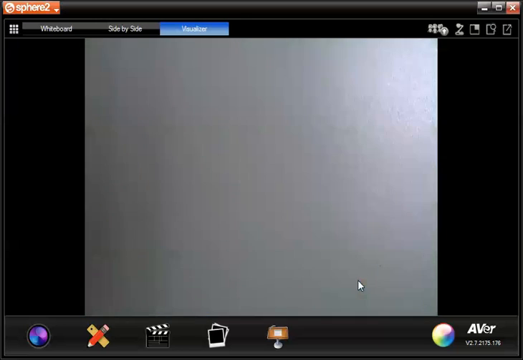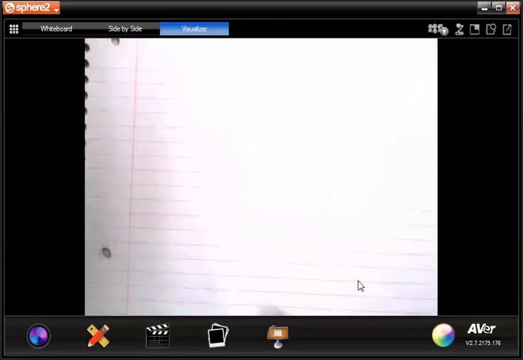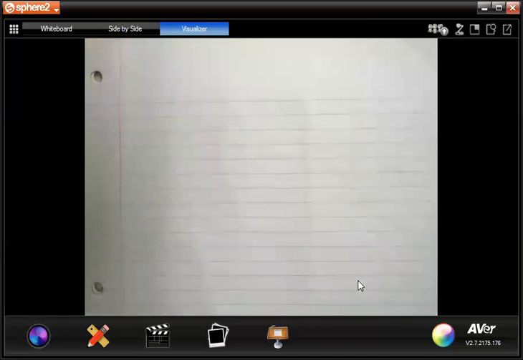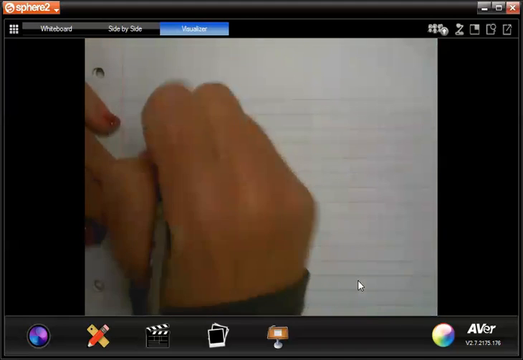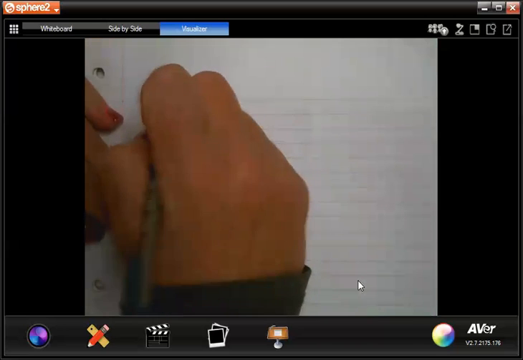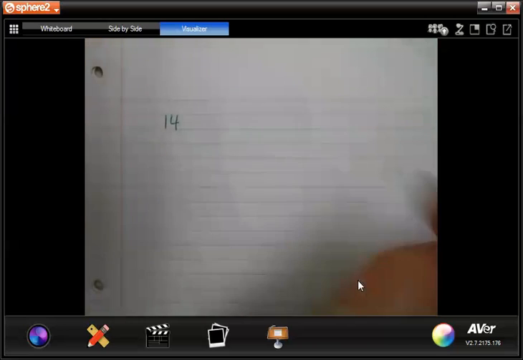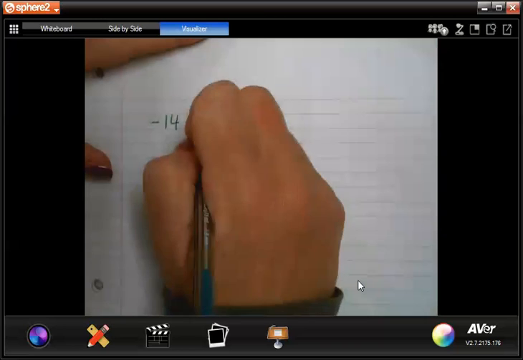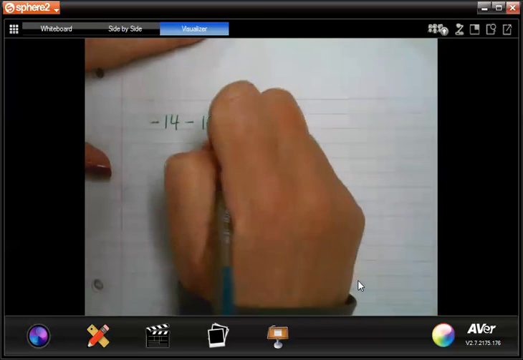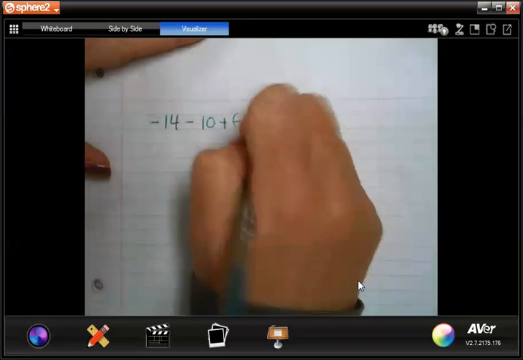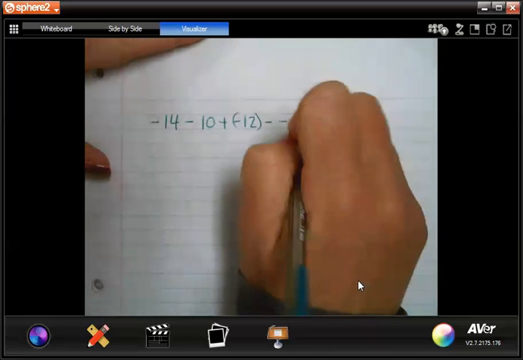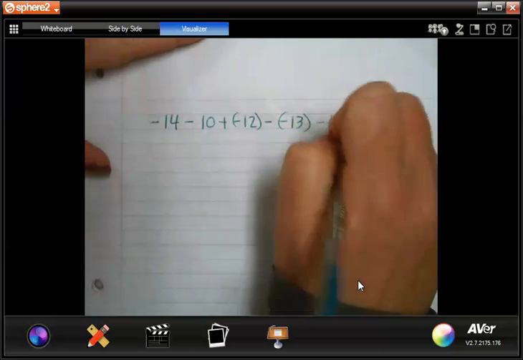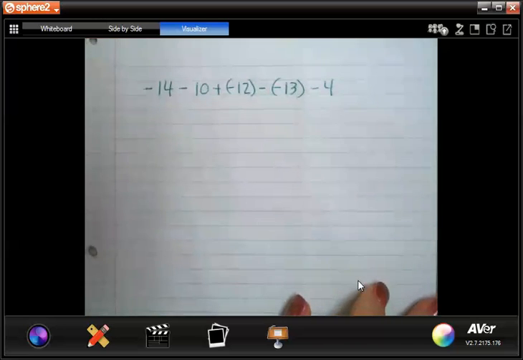You guys are going to be getting equations eventually that look like this. You don't need to write this down, just watch. -14 minus 10 plus -12 minus -13 minus 4. So you guys are going to come across problems like this.